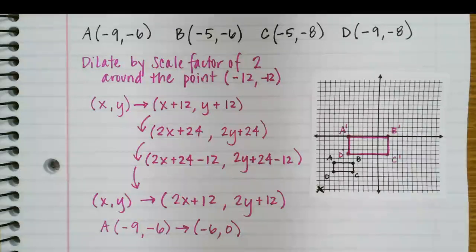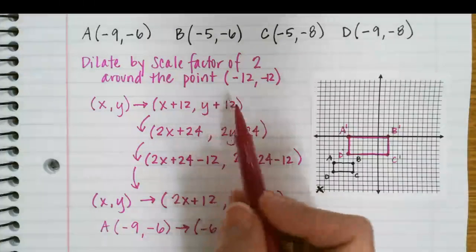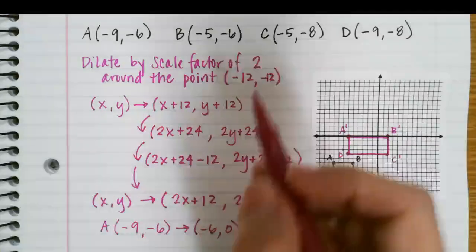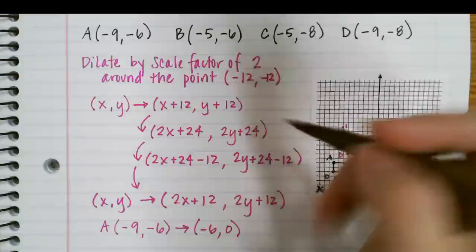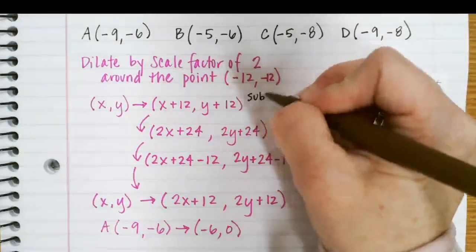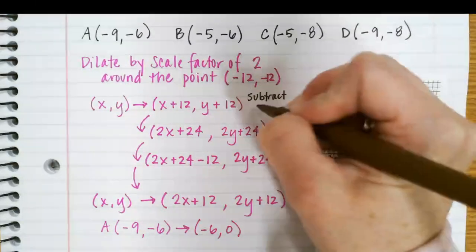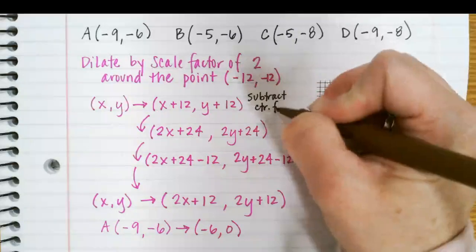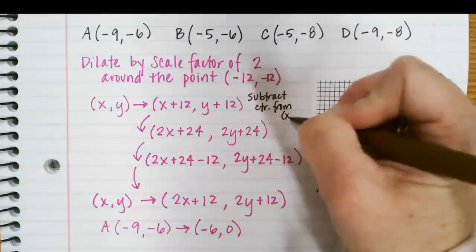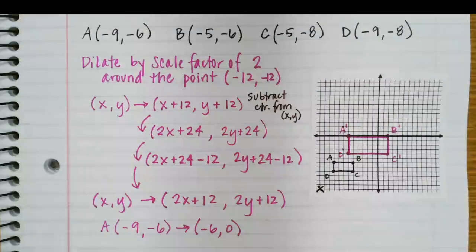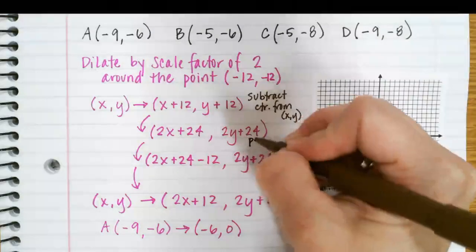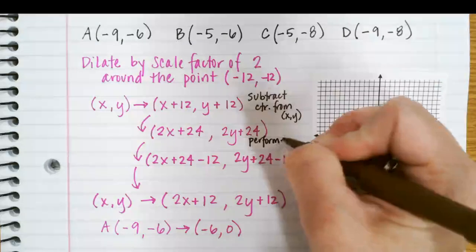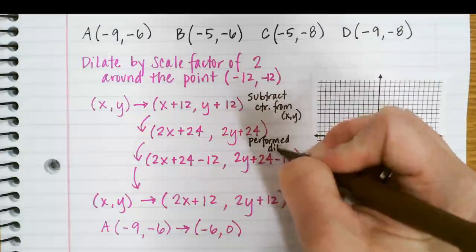So what I did here is I subtracted the center. So let me do this in a different color. This right here is I subtracted the center from the original point, x, y. Then right here, I performed the dilation.